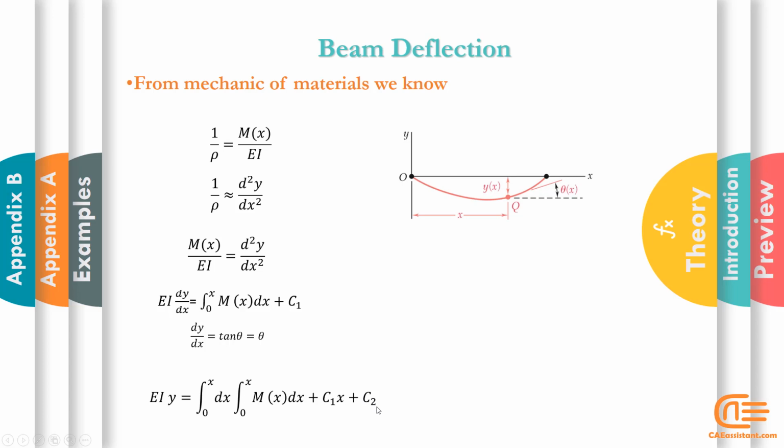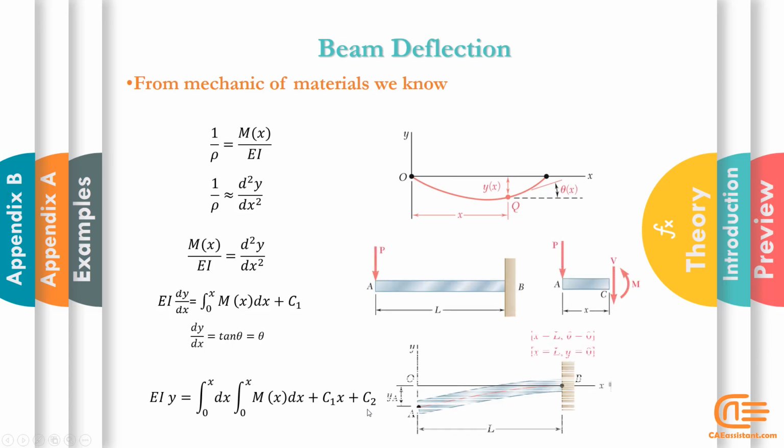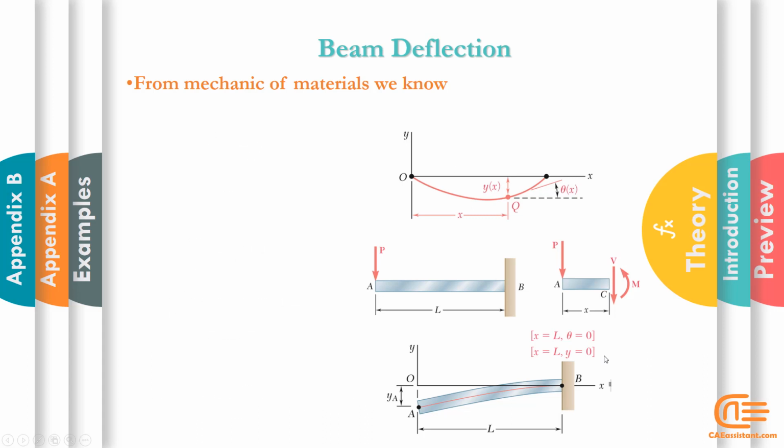The constants C1 and C2 are determined from the boundary conditions, or more precisely from the conditions imposed on the beam by its supports. Consider the cantilever beam AB with a uniform cross-section and carrying a load P at its free end. By substituting boundary conditions into the equations, the deflection of the beam is obtained.